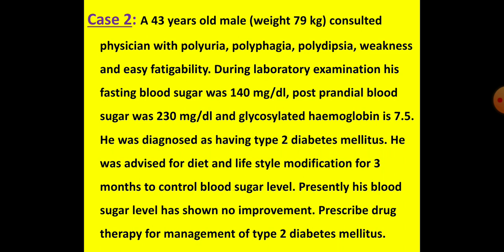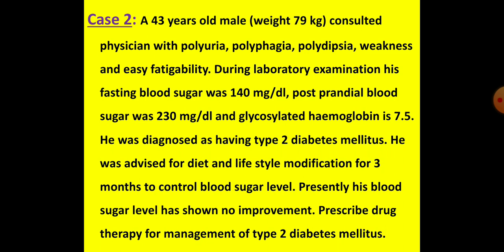So he was diagnosed as having type 2 diabetes. He was advised diet and lifestyle modification for 3 months, but presently his blood sugar level has shown no improvement and you have been asked to prescribe the drug therapy for the management of type 2 diabetes.